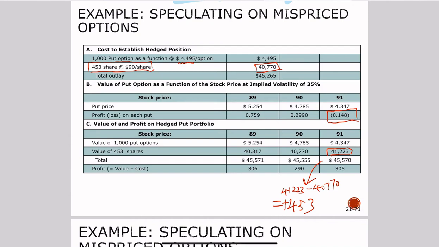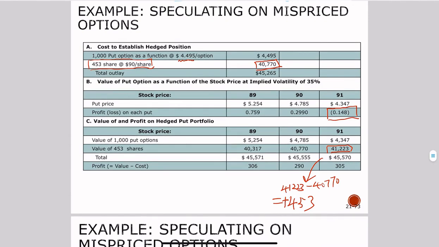Well, you have 1,000 put. So you can see that the loss here is minus 148, right? So you can see that at least the increase in the equity position value can completely offset your loss in the put option position, right?